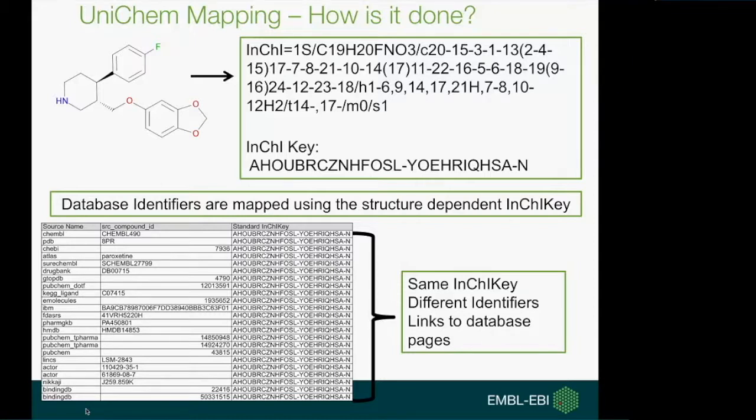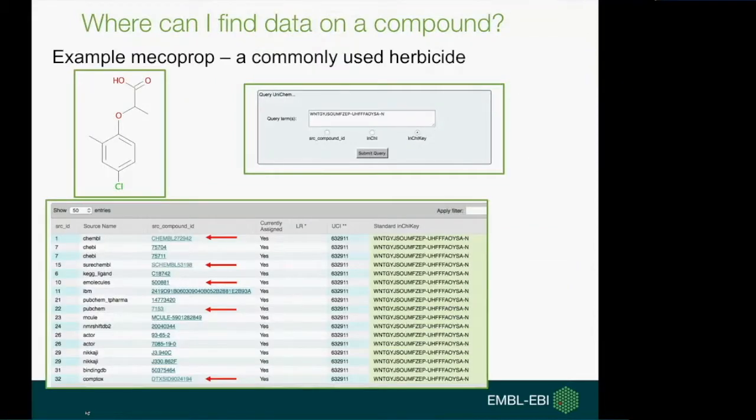So as John showed, you can input either an InChI key or a source identifier, and then you get back the list of all the databases, and links to those compounds in those databases, where that particular compound exists. A very simple use case: you've got a compound you're interested in, and you want to know who's looked at that compound and what else is known about it.